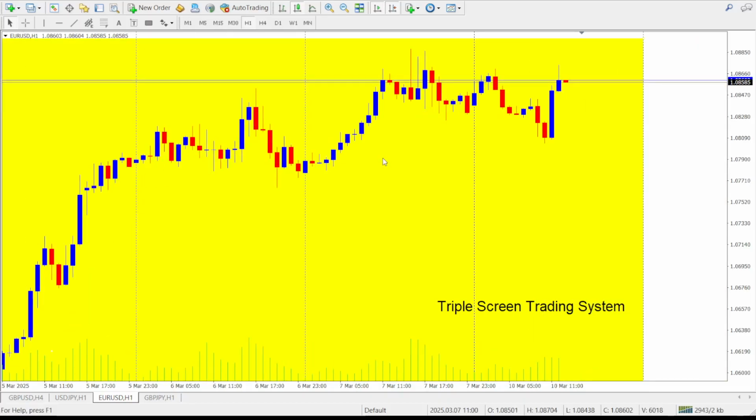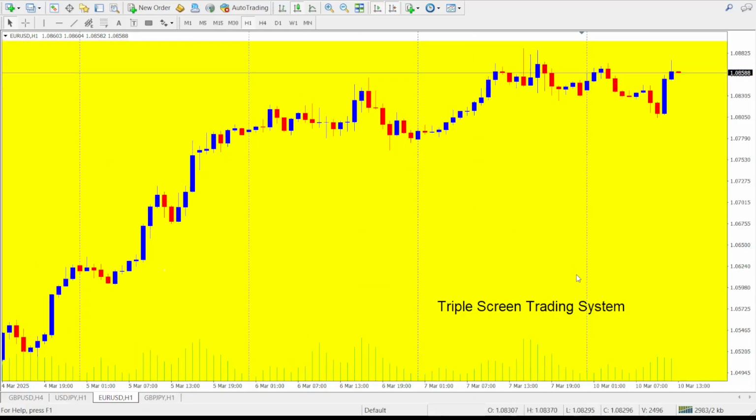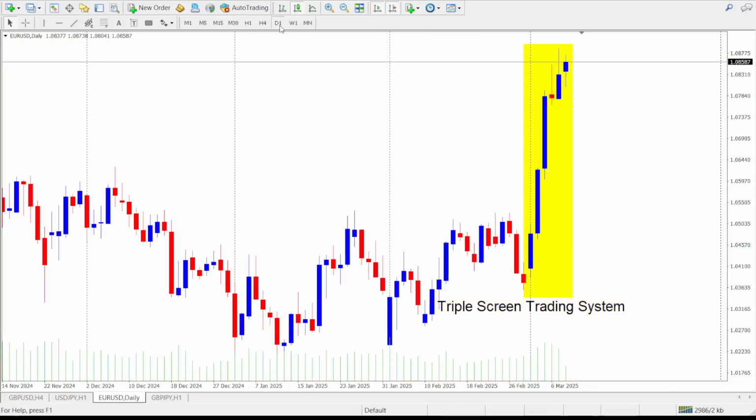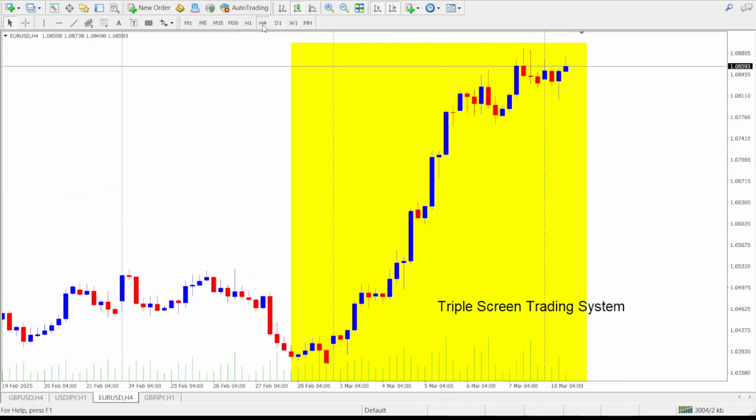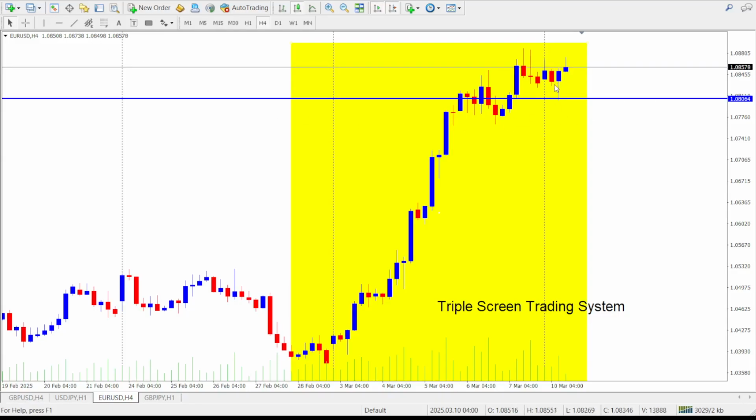So what you are doing on this screen is confirming whether the trend you identified on the daily chart is still valid and picking the most opportune moments to enter. For example, if you are in an uptrend on the daily chart, just like we identified here, you will then look at the 4-hour chart to identify a pullback or a consolidation, which is your opportunity to get in at a better price, right?